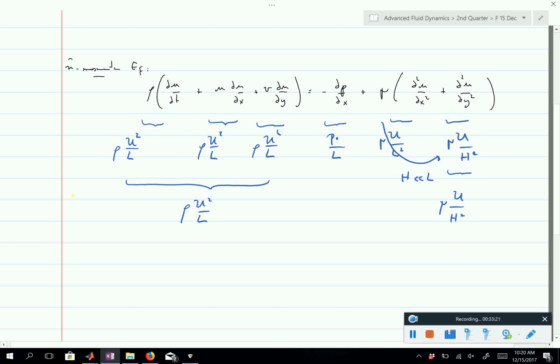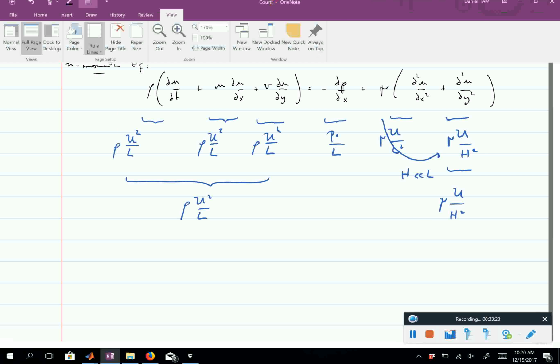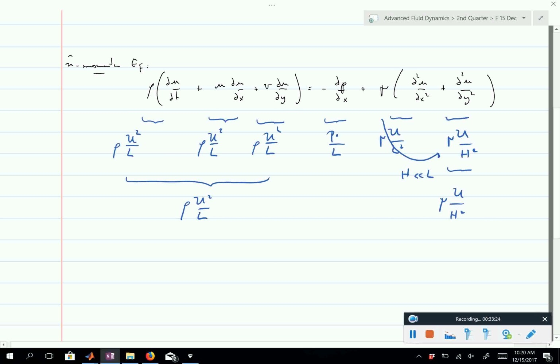So the fundamental assumption of lubrication, the lubrication limit, is when we can neglect the effect of inertia, and therefore when rho u squared divided by L is much smaller than mu u divided by h squared. Okay, so this is going to give you a condition which looks like a Reynolds number.